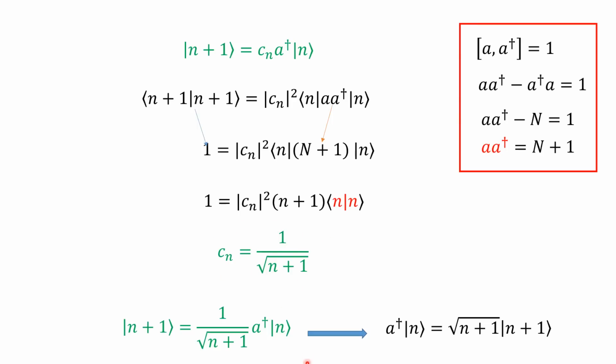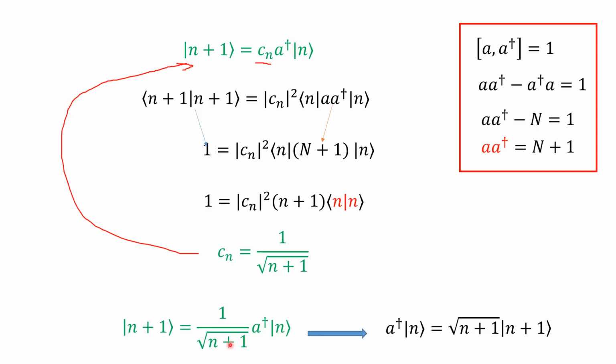If you substitute this Cn value in the first equation, here you have Cn. If you substitute here, what will happen? This Cn is replaced by 1 over square root of n plus 1. Of course, this A dagger will come as it is and n will become as it is.